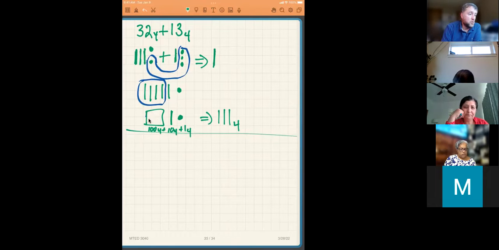So now we have a square, a stick, and a dot. That means we have 1, 0, 0 plus 1, 0 plus 1. Or one of those, one of those, one of those, which is just 1, 1, 1, base 4. That's it.